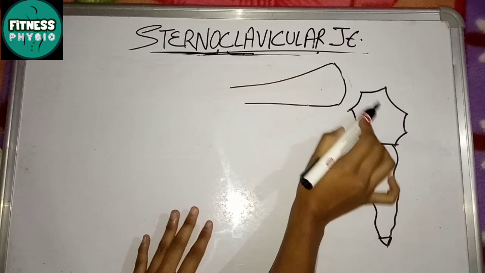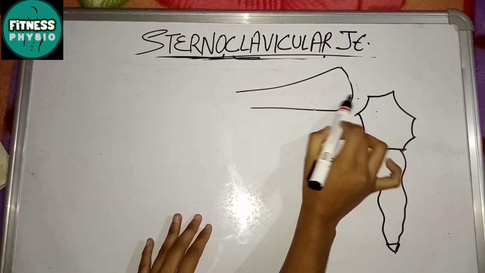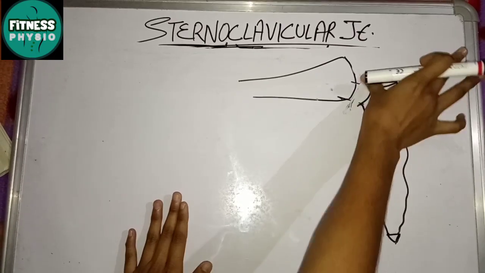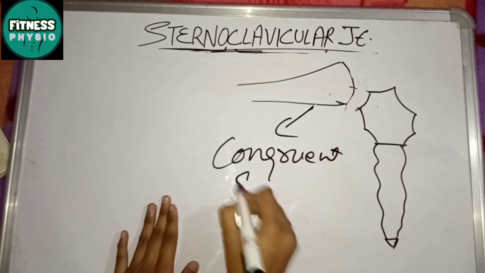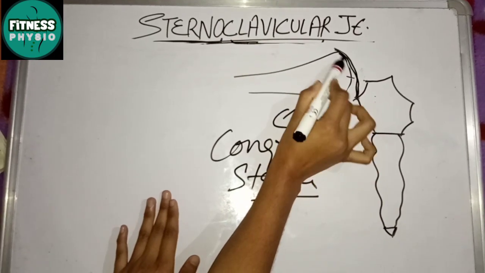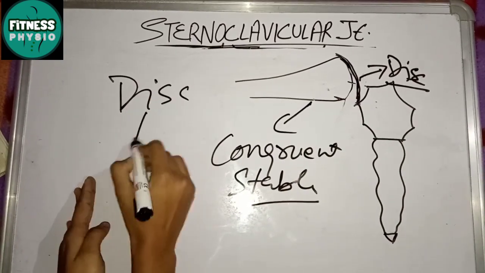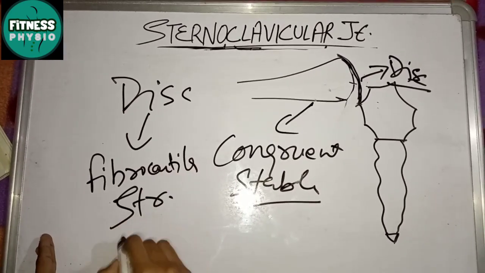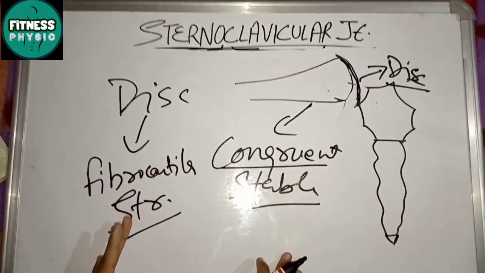Now, I have already told you this is an incongruent joint, and the surface area in contact is very small, so there must be something which makes this joint congruent or stable. There is a structure, that is your disc. A disc is a fibrocartilaginous structure which makes your joint congruent.